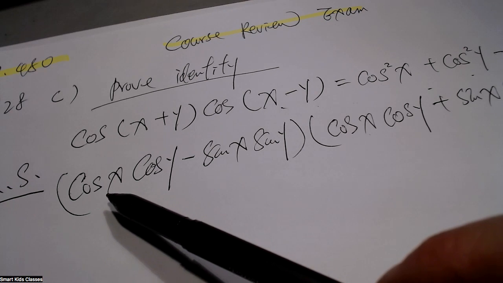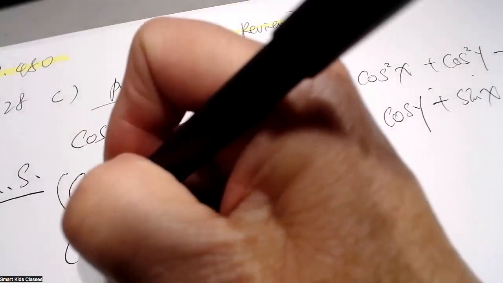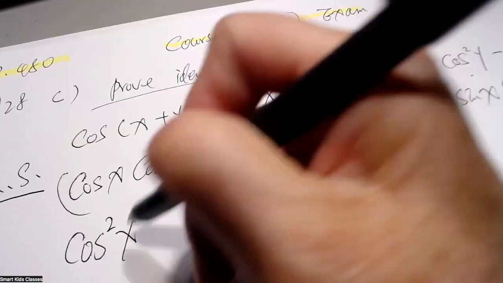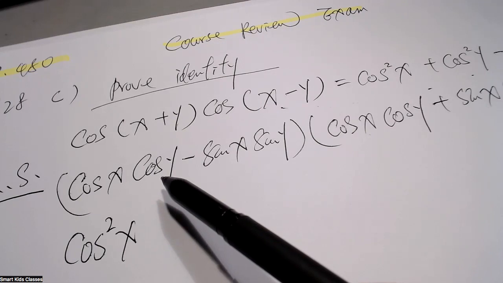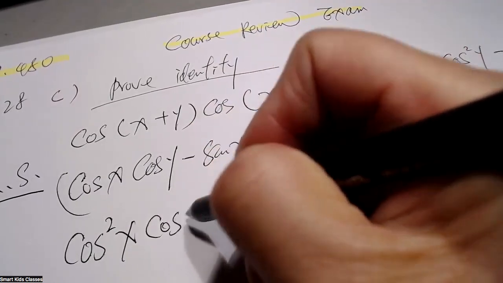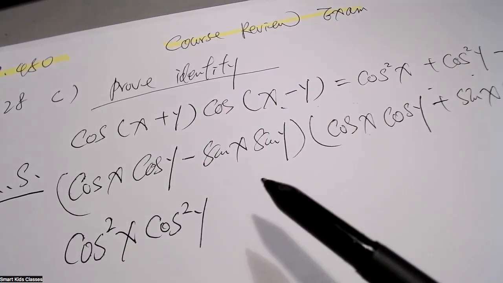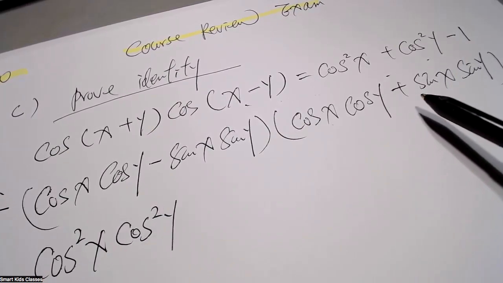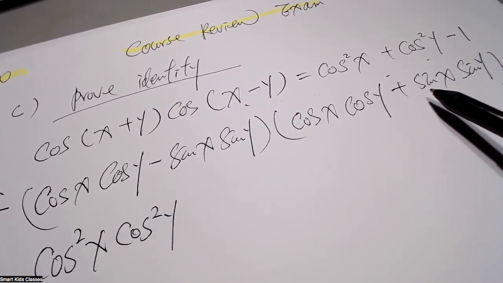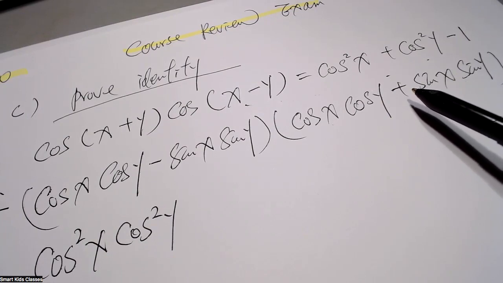Now, cosine x times cosine x, we get cosine square x. Cosine y times cosine y, we get cosine square y. For the second term, cosine x cosine y times sine x sine y, we get a positive.